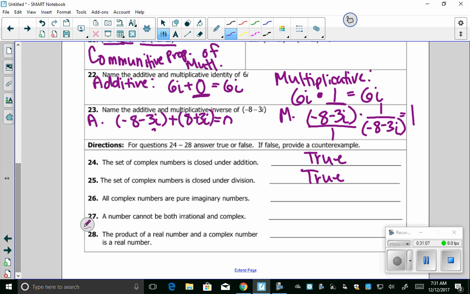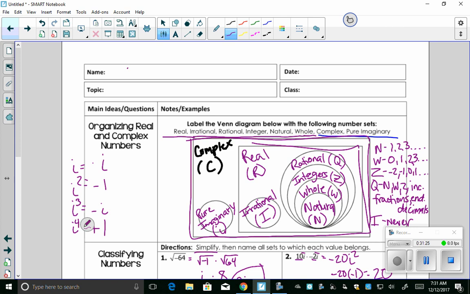26. All complex numbers are pure imaginary numbers. This one is false. Because if I look back at my chart on the previous page, it's saying all complex numbers are also pure imaginary.